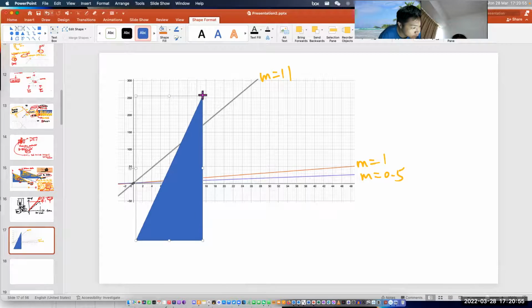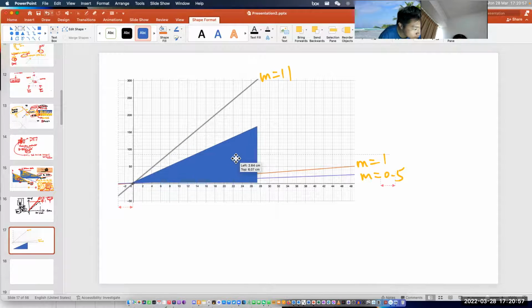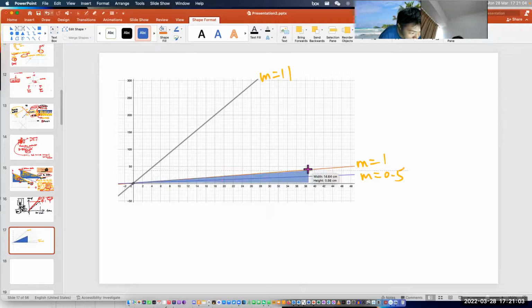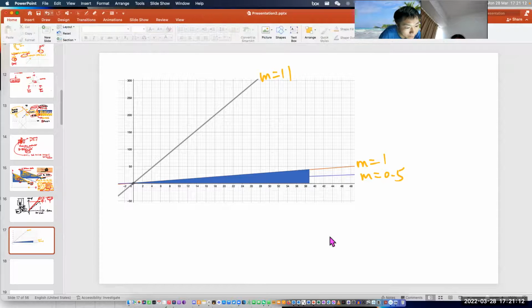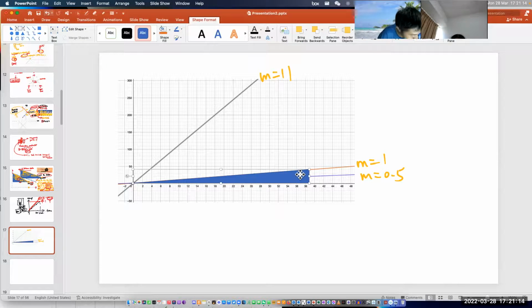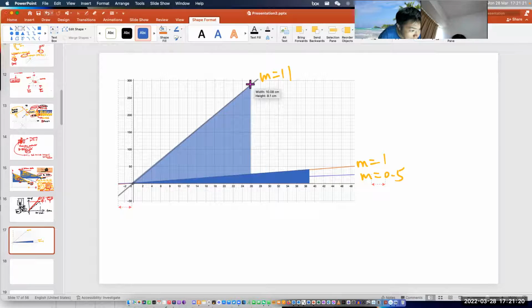So if you look at the slope here, what do you observe? So this is our starting slope. Okay, this is our starting slope. Y equals to 1. Okay, now compare this to our m equals to 11.